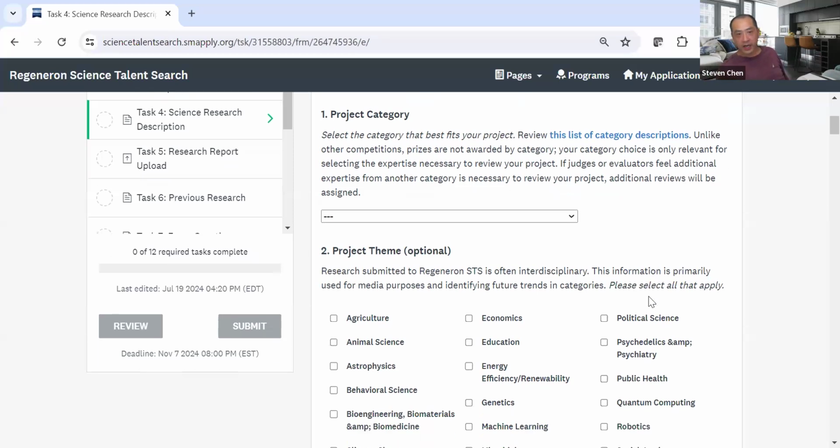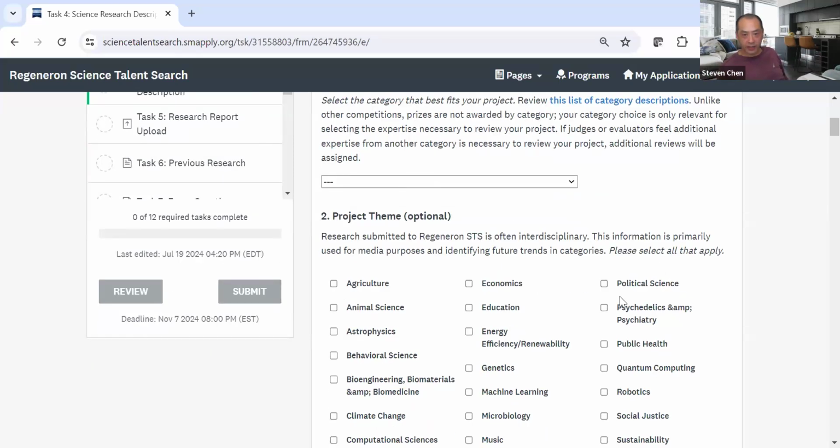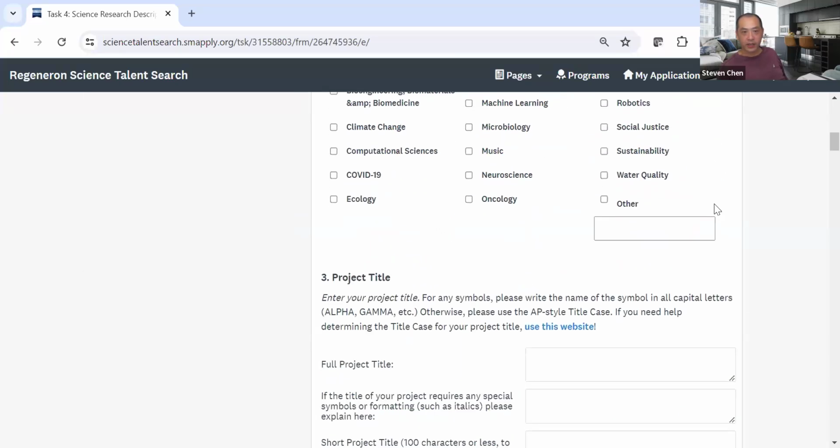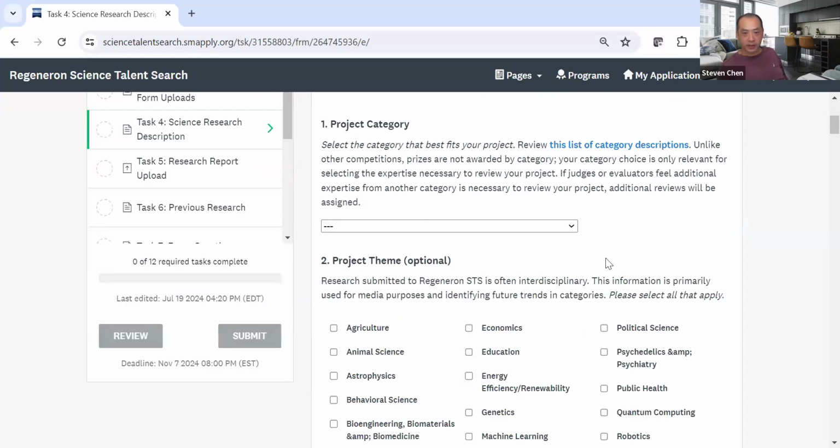And then you need to choose a project theme. First, it helps judges know the category of your project. Second, it also helps STS finally prepare their press release and media coverage. In terms of these two, you should try to make them consistent.